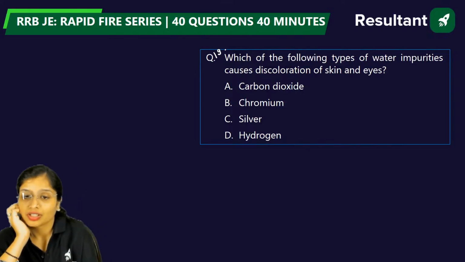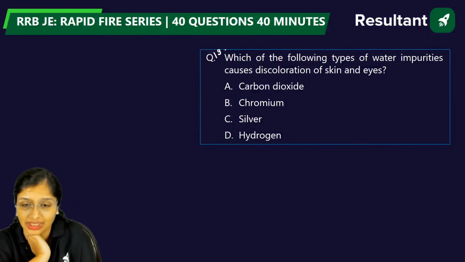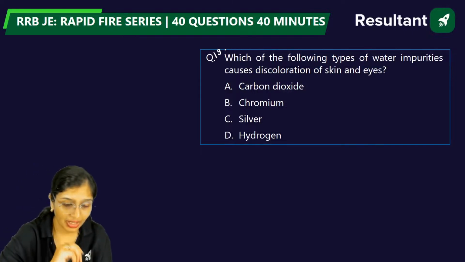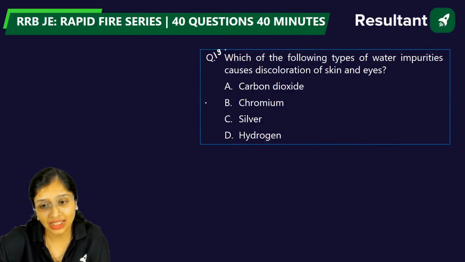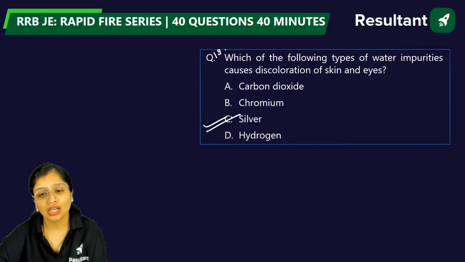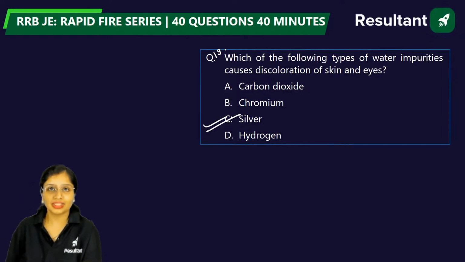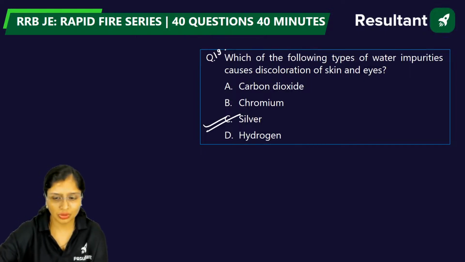Which of the following causes decolorization? No, it's silver. Silver causes the decolorization of skin and eyes if it is present in more than the prescribed limit as per IS 10500:2012.